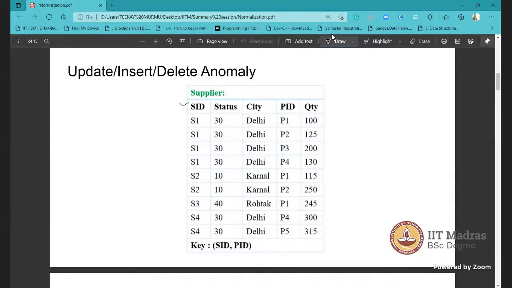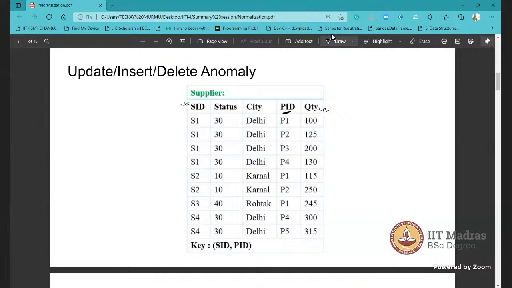This is the SID, the supplier ID, and this is the city where the supplier lives, and this is the status of that city. This is the PID, the product ID, which the supplier supplies, and this is the quantity. Is it clear what this table means?